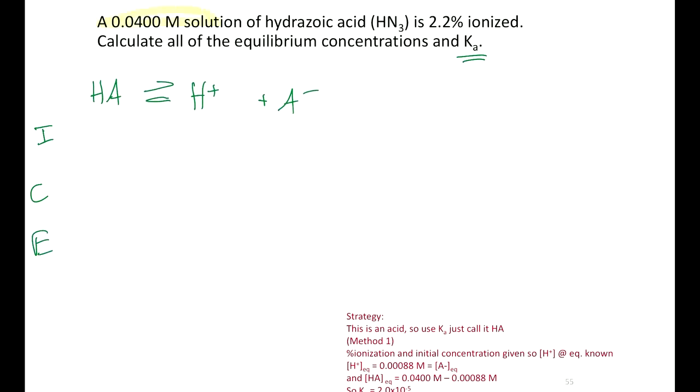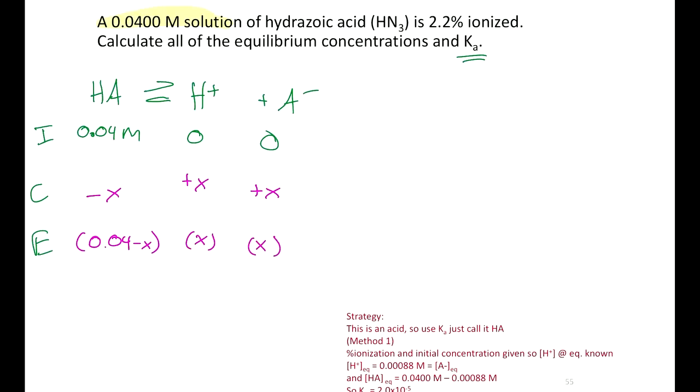So here is the concentration on the bottle, 0.04 molarity. All right, so this reaction must proceed in the forward direction just like the rest of them. So at equilibrium, I have 0.04 minus X of the intact HA, weak acid, X amount of H plus, and X amount of A minus.